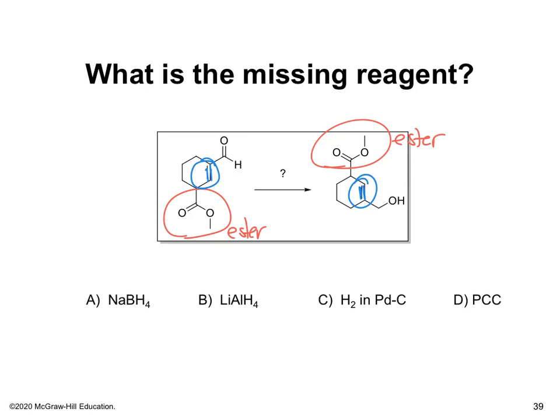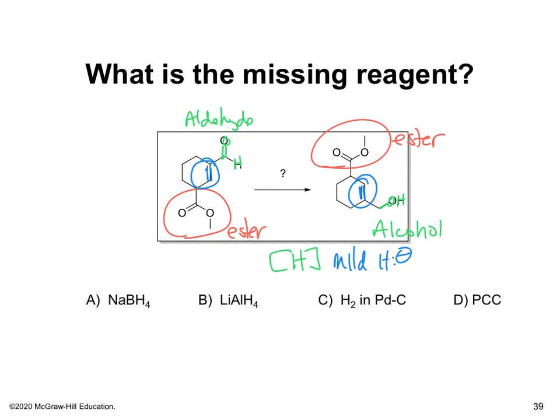What's happened is this aldehyde has gone to an alcohol. Going from an aldehyde to an alcohol, you have to decide: is that oxidation or reduction? That is reduction, so you need a mild hydride deliverer.